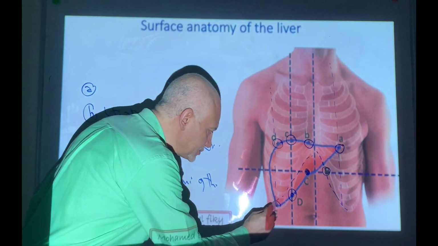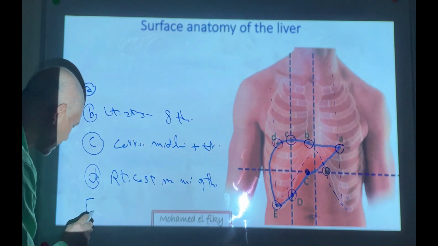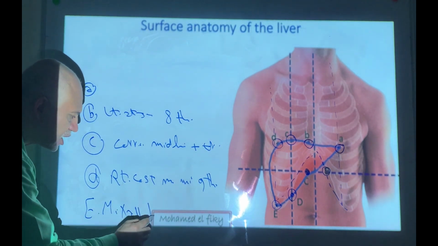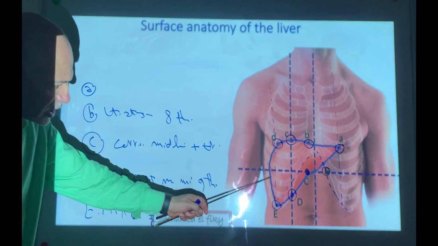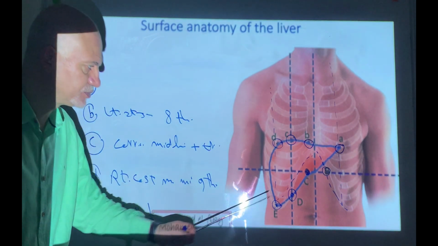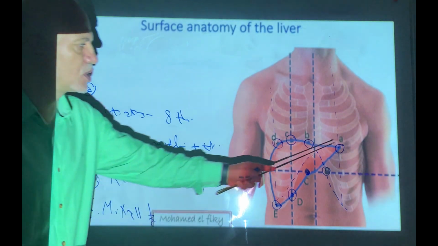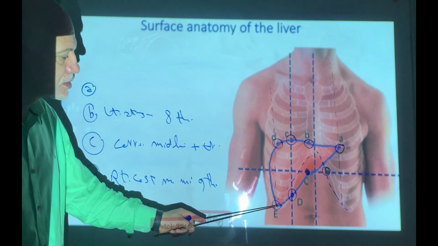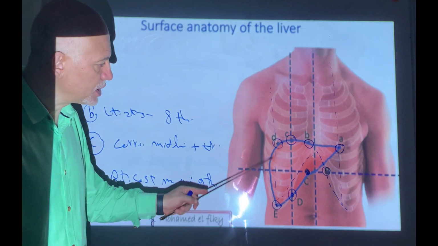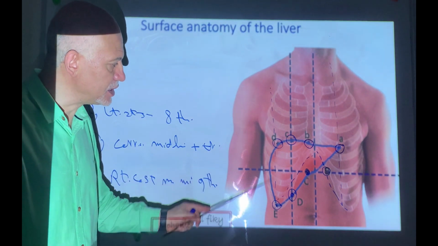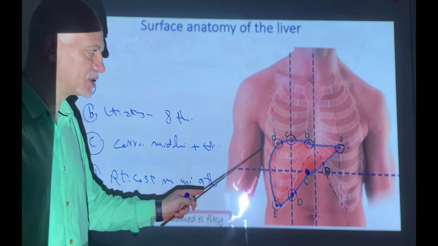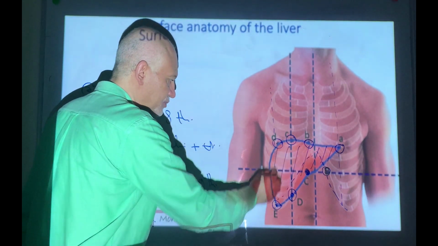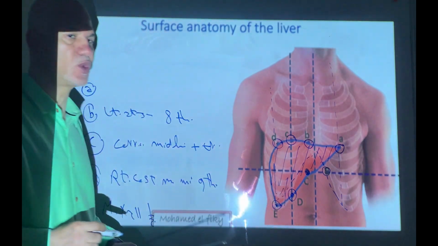Point E is in the mid-axillary line, half an inch below the costal margin. This is the lower border. The right border lies between point D and point E. This is the surface anatomy of the liver.